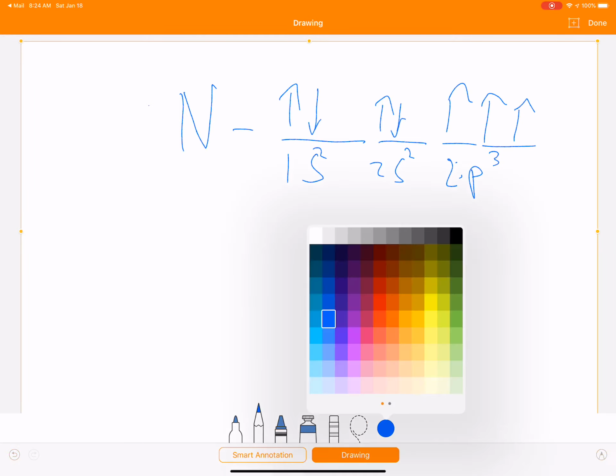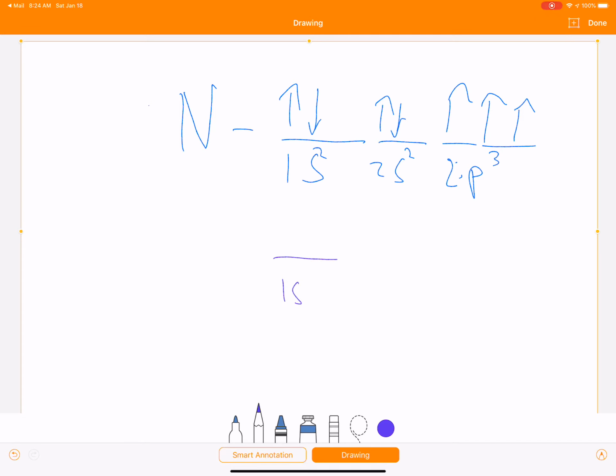But some students will make a mistake and draw it this way. They will draw it as so. It's just one way to violate it. Do you see what I did here?